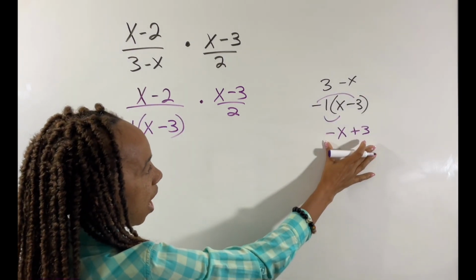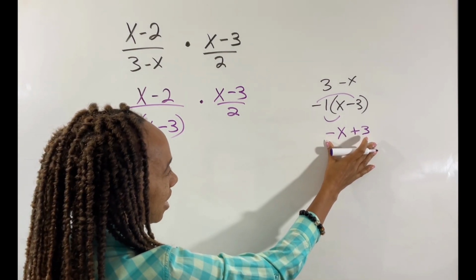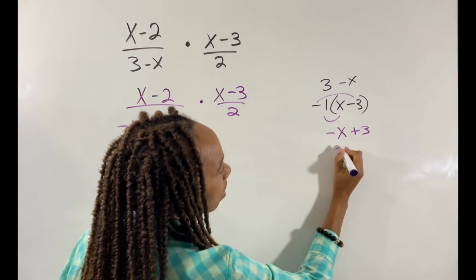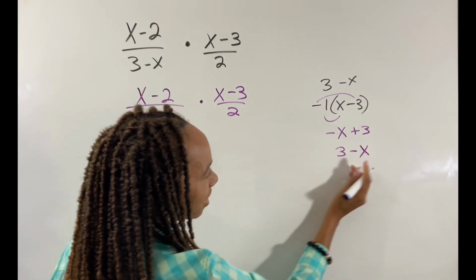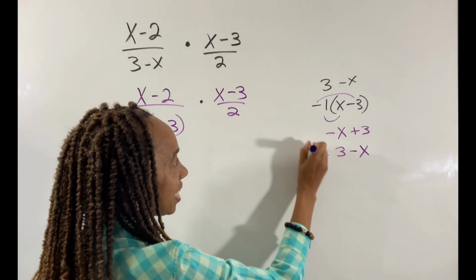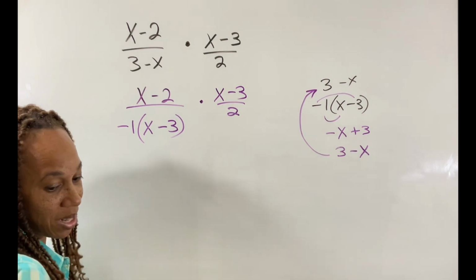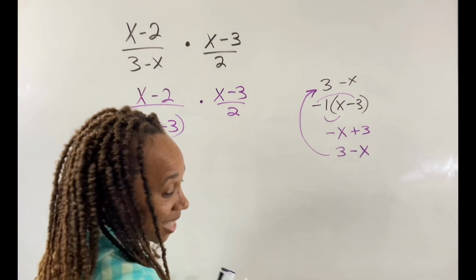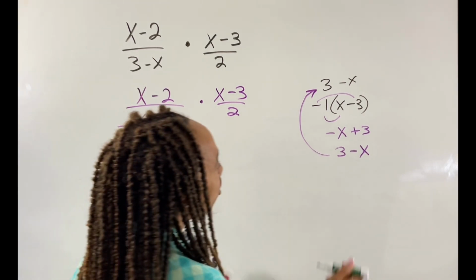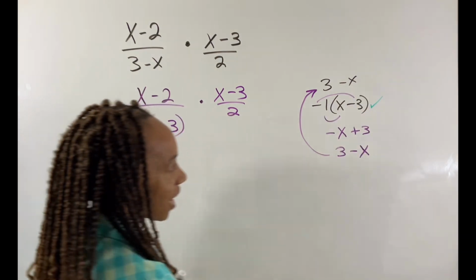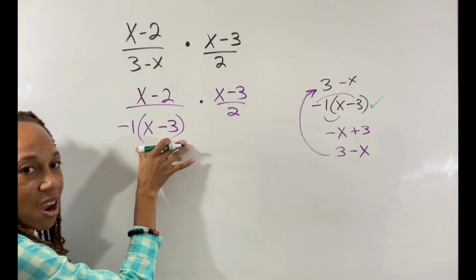But you can't leave it like this. 3 minus x, that's how it's written. Isn't that the same thing as what we had up here? So that tells you that factoring out the negative 1 is correct. And that's why we have it here.